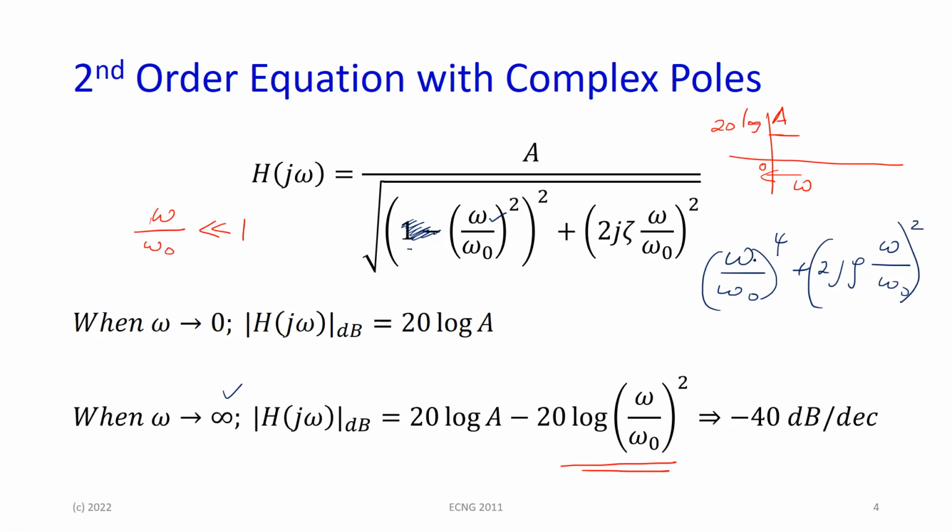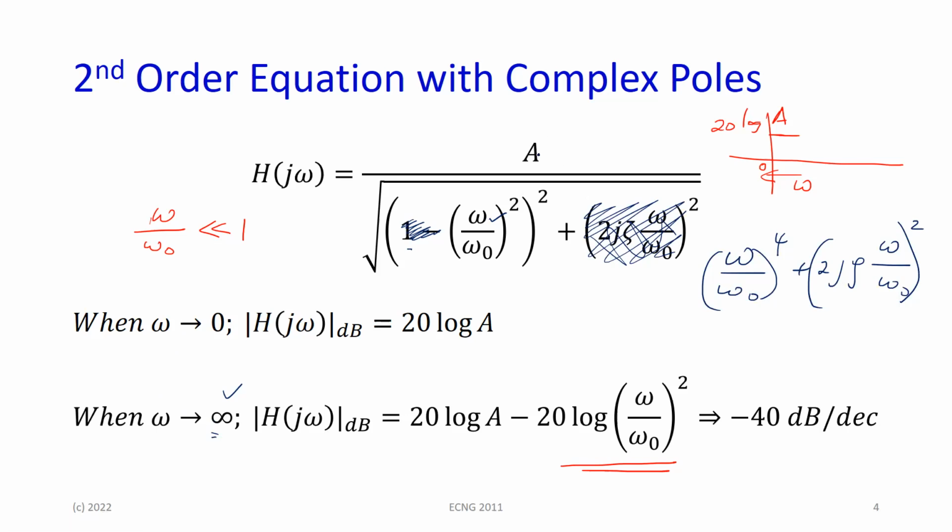As omega gets bigger, the omega to the power 4 is going to increase considerably faster than omega squared. So again, as omega gets larger and larger, this bit now you could start to ignore as we get higher and higher in frequency.